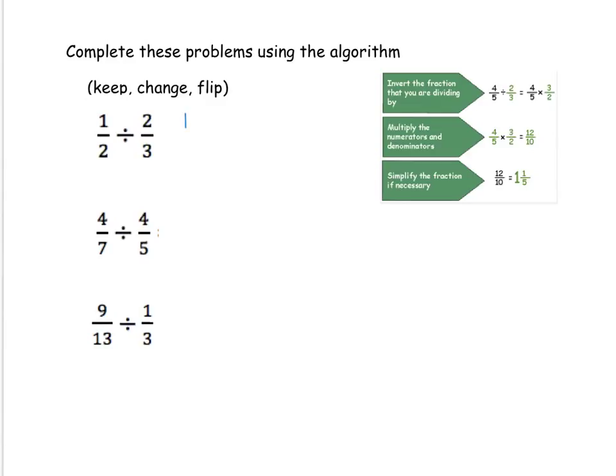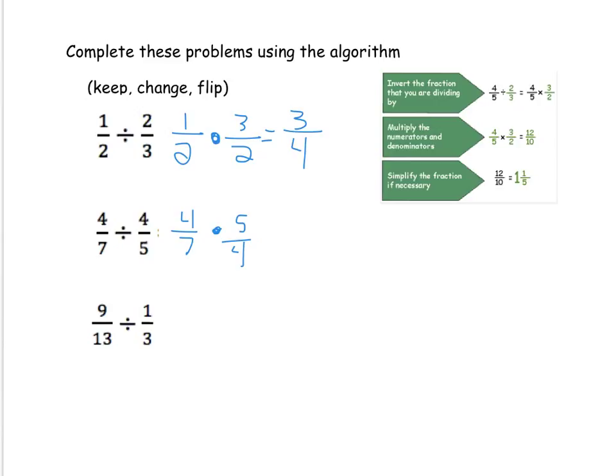So we're going to keep the first one, change division to multiplication, and flip the second number and then multiply across. So 1 times 3 is 3, 2 times 2 is 4, and that's your answer.